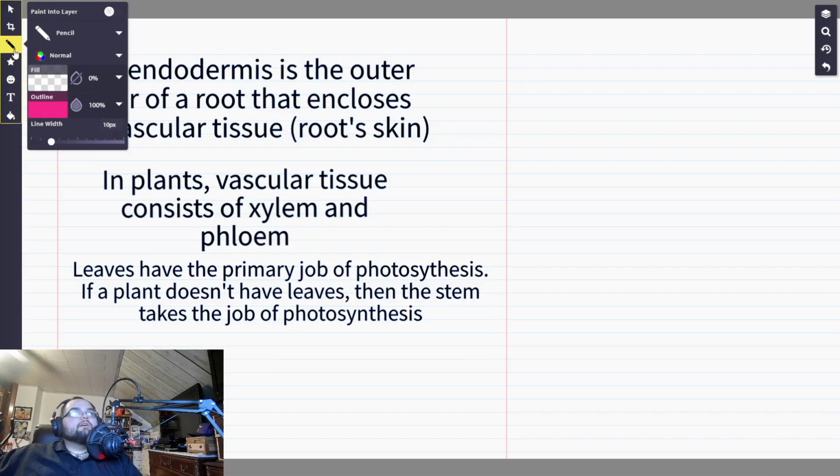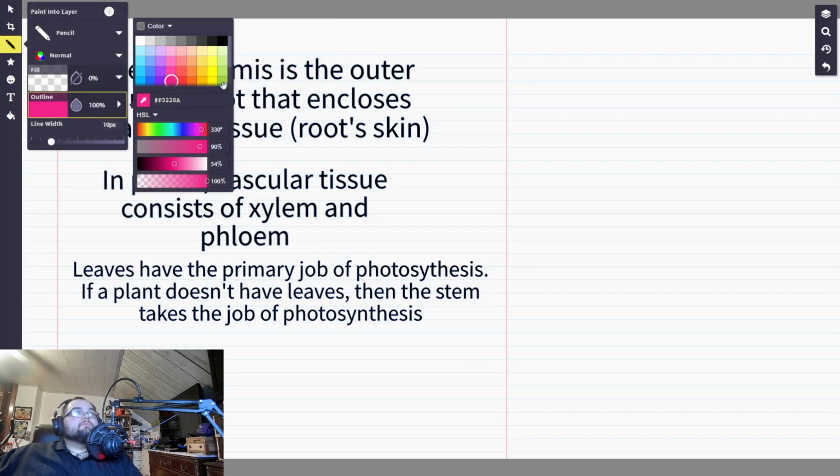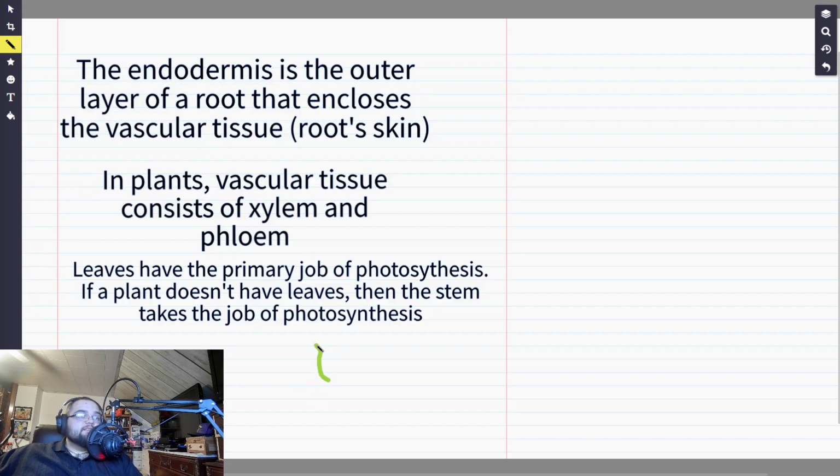Plants have leaves. You just said that, didn't you? Yeah, I did say that a lot, but there are some very rare exceptions of plants that do not have leaves. One type that you can think of is the cactus.